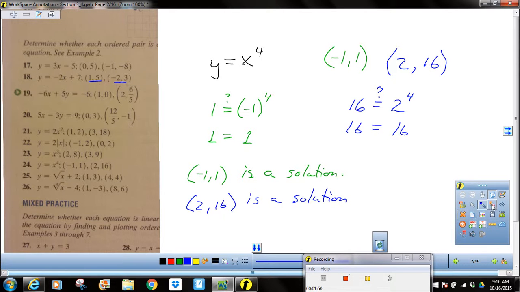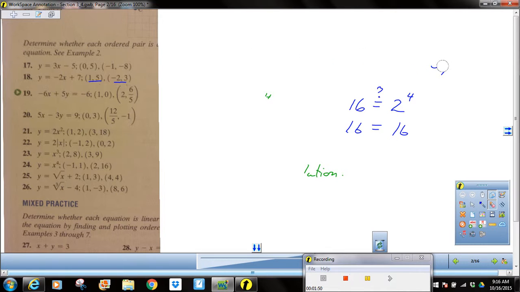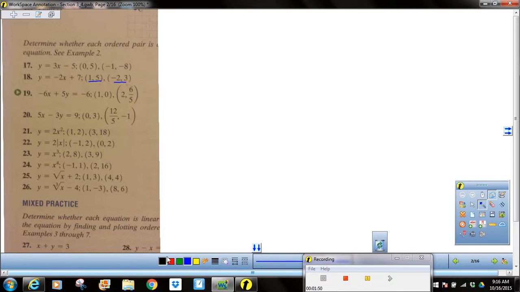Number 26. First one I'm going to try out is 1, negative 3.